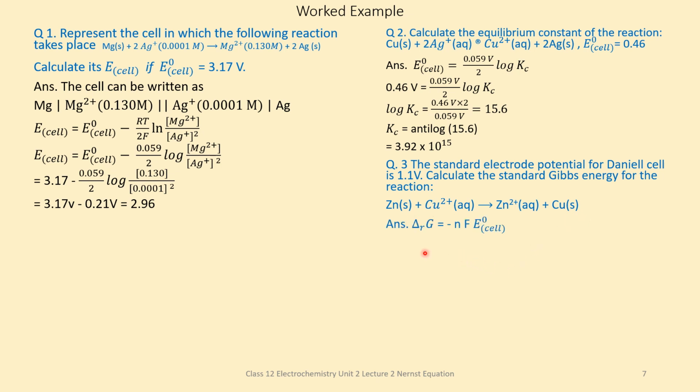Now we have to use the formula delta rG is equal to minus nFE naught. n in the above equation is 2. Here you see there are two electrons in both the sides. So therefore F is equal to 96487 coulombs per mole and E naught cell is given as 1.1 volt.